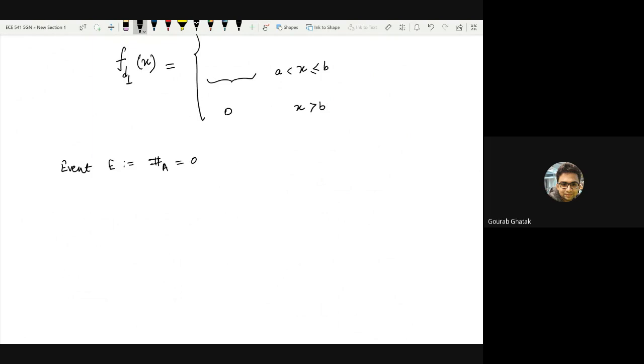We have just found out in the second part of this question. So given that there is at least one point in A, right?